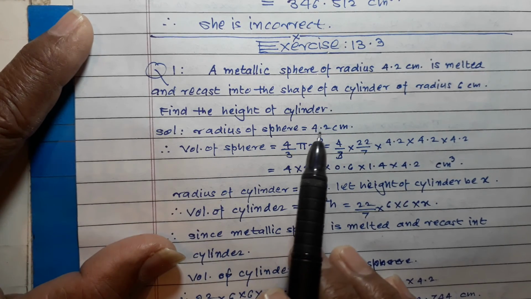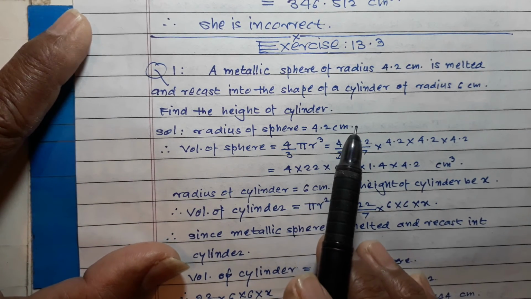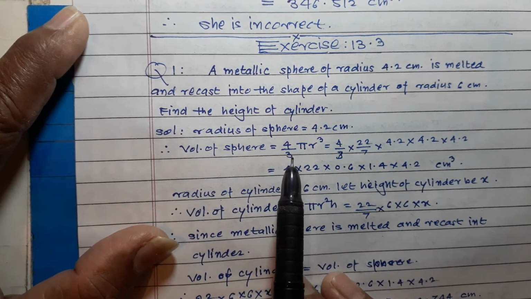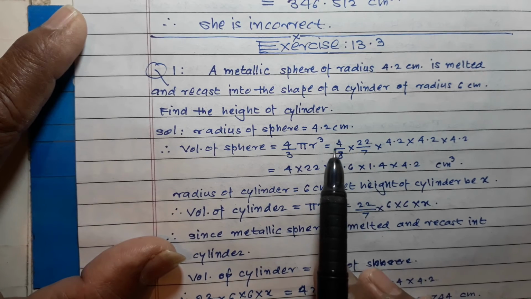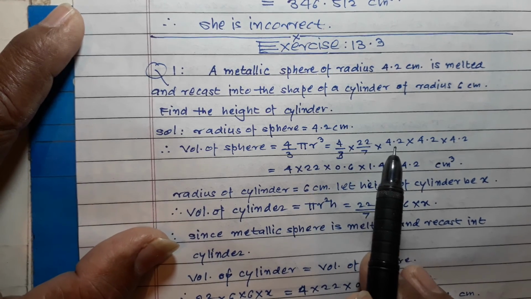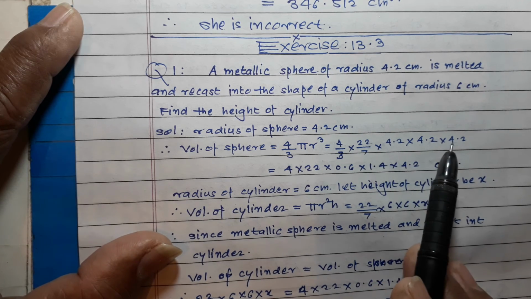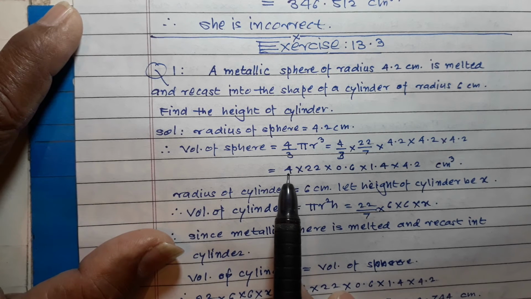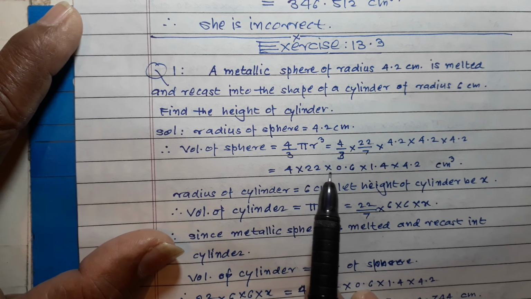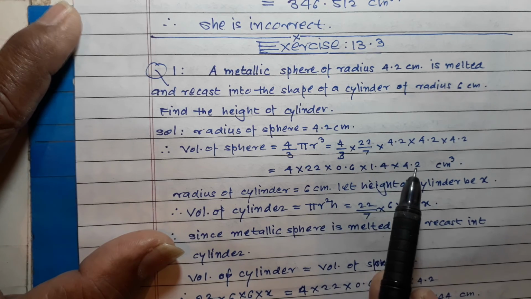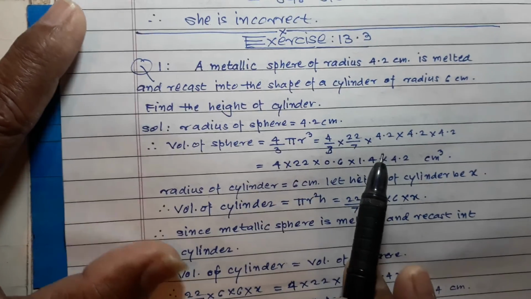Radius of sphere is equal to 4.2 cm and therefore volume of sphere is equal to 4 upon 3 pi r cube, is equal to 4 upon 3 into 22 upon 7 into 4.2 into 4.2 into 4.2. Simplify this, you will get 4 into 22 into 0.6 into 1.4 into 4.2 cm cube.